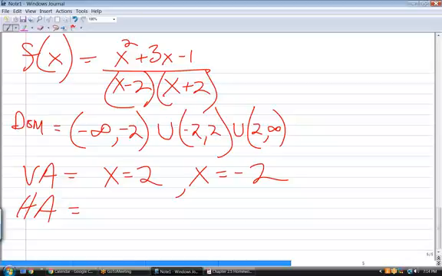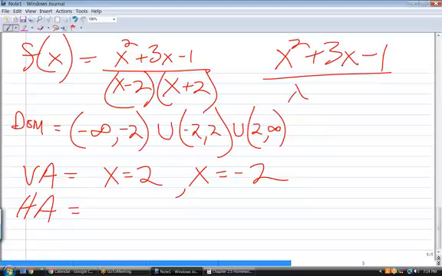Horizontal, it would be 2. It's a ratio of the coefficients. Remember what this started out as: x squared plus 3x minus 1 over x squared minus 4. Look only to the variable that has the highest degree. Nothing else matters for horizontal asymptotes. Then it would be 1. y equals 1.